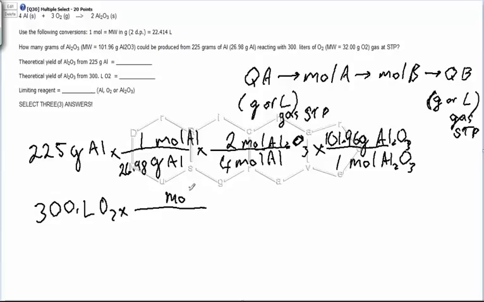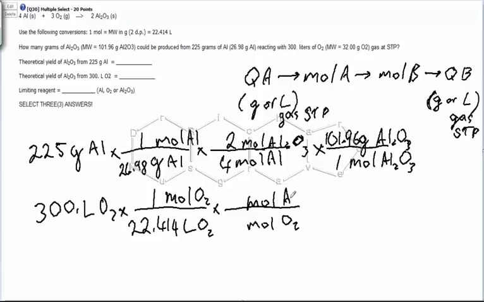So we're going to have moles of O2 on top, and liters of O2 on the bottom so that those can cancel. Relationship: 1 mole of O2 is 22.414 liters of O2. We'll have moles of O2 down the bottom here to cancel, and moles of Al2O3 on top, that's what we want.